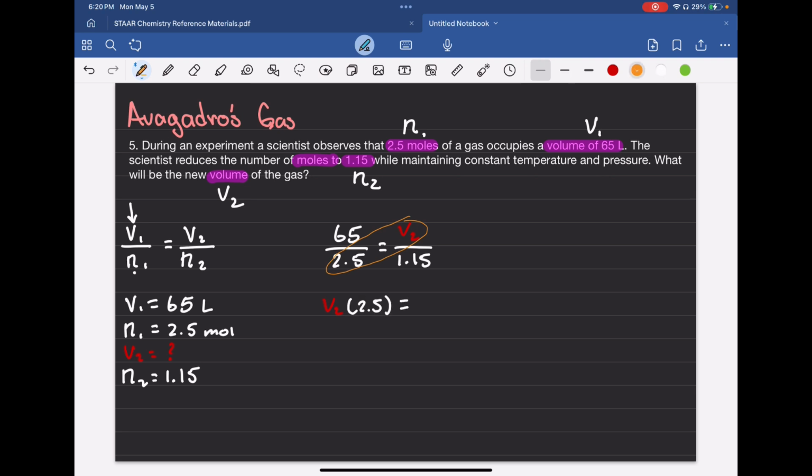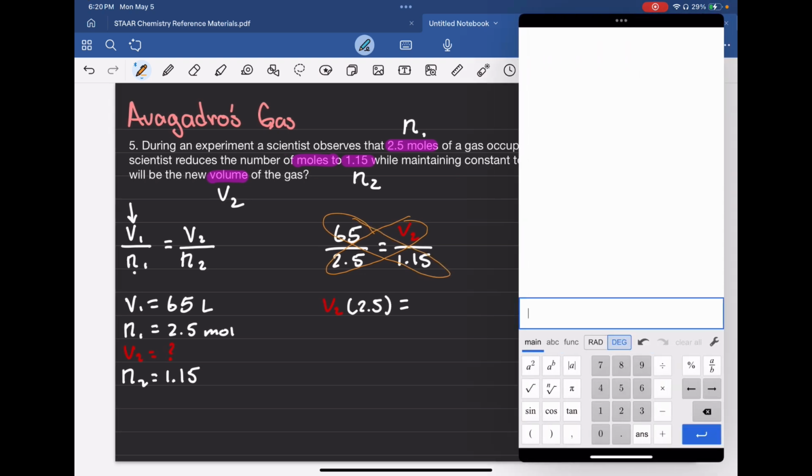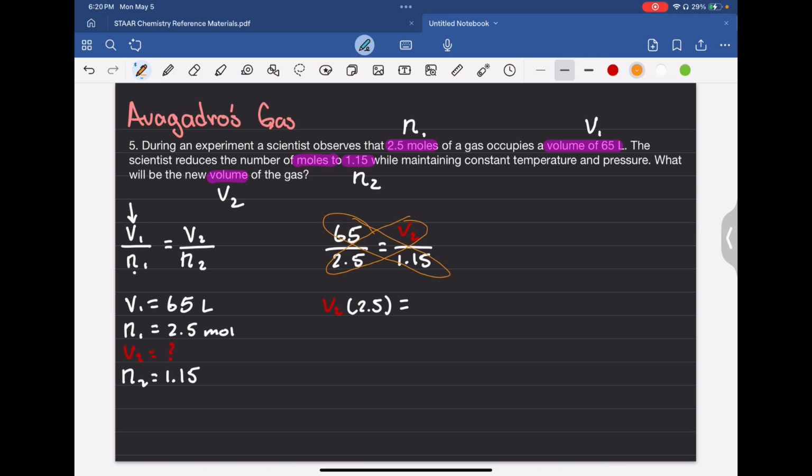And then we are going to multiply 65 times 1.15. Okay, so 65 times 1.15 equals 74.75.